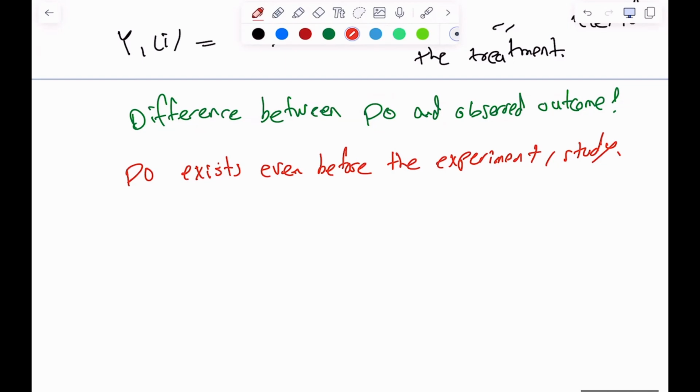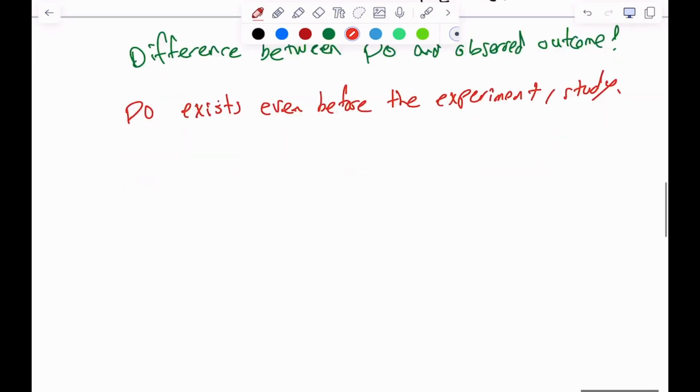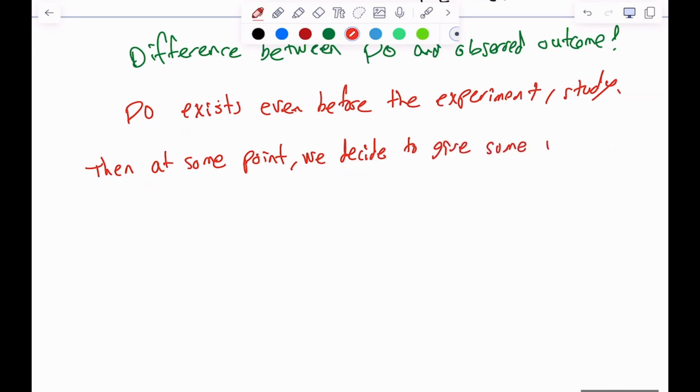That outcome is called the observed outcome, because we give them treatment and we actually observe the outcome. That's the definition of observed outcome. Then, at some point, we decide to give some individuals a treatment.